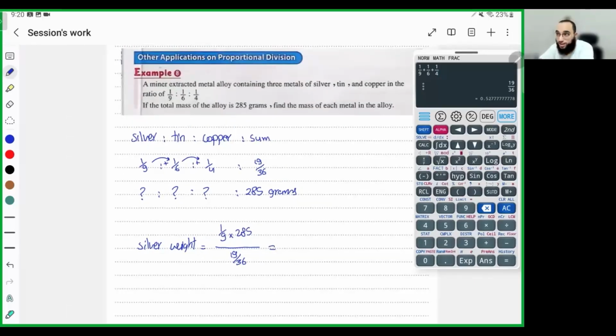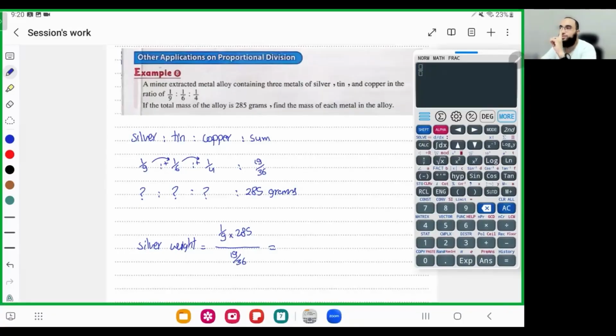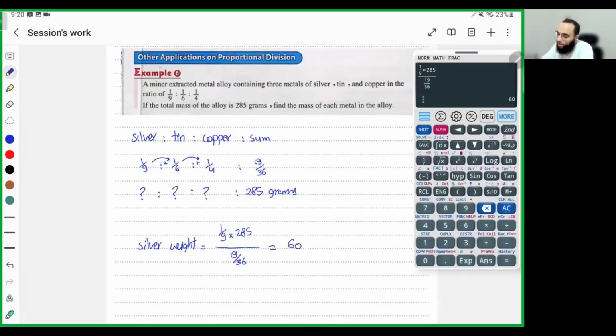Could you write it in the calculator? I write firstly a fraction. Inside the fraction, I write another fraction. Then it's 1/9 times 285. Go down and write another fraction, which is 19/36. That's it, 60 grams.